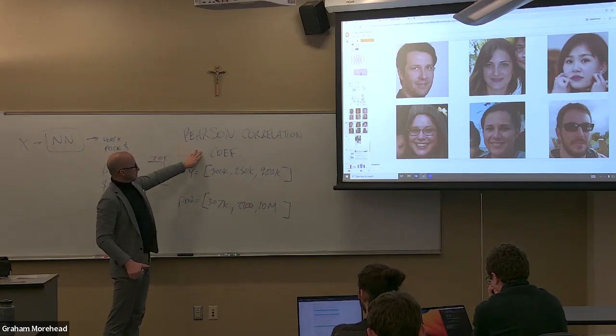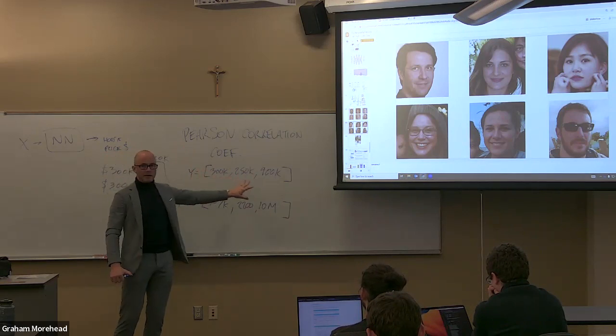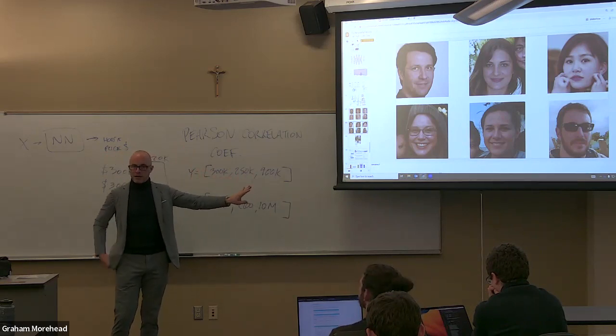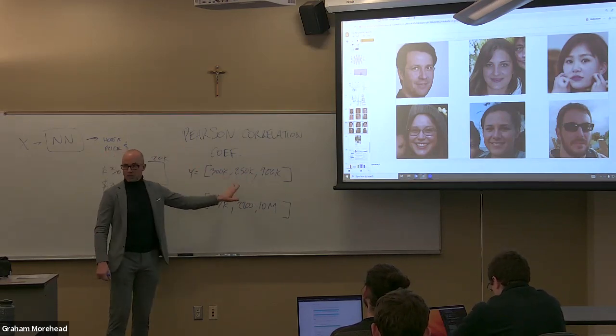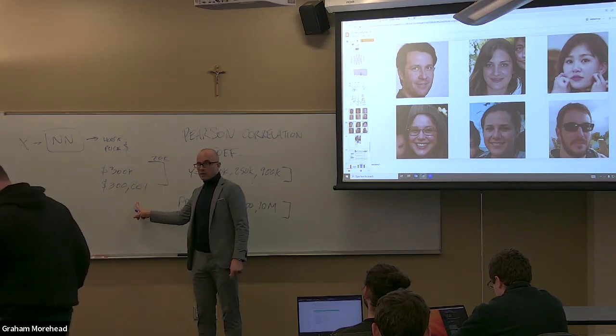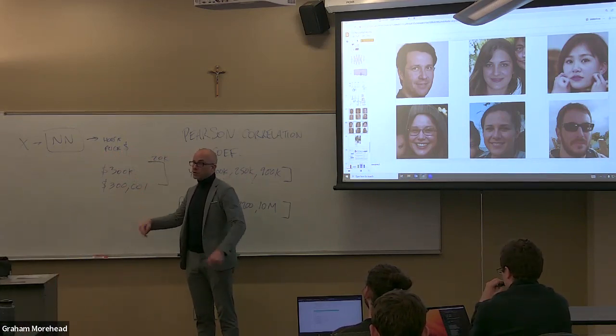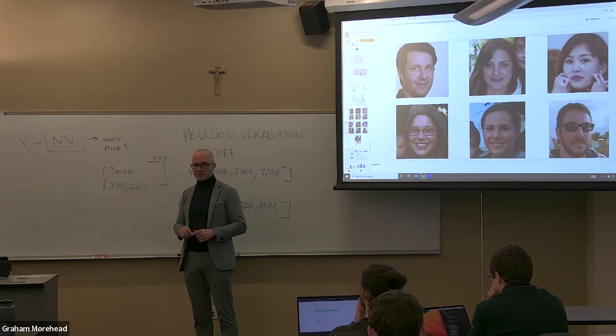Pearson correlation coefficient gives you one number that tells you how correlated these are. So again, if you're using regression, this is one way to go. This is another way to go. You can do both. Whatever you do, motivate it. Talk about in your comments why you chose this or that.